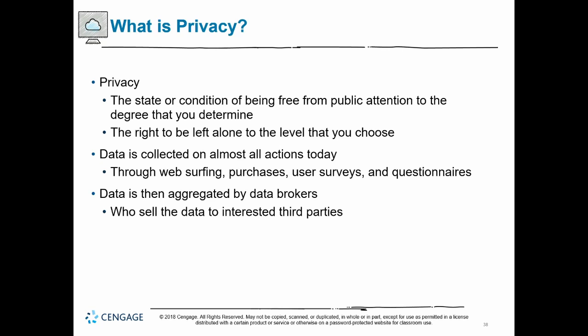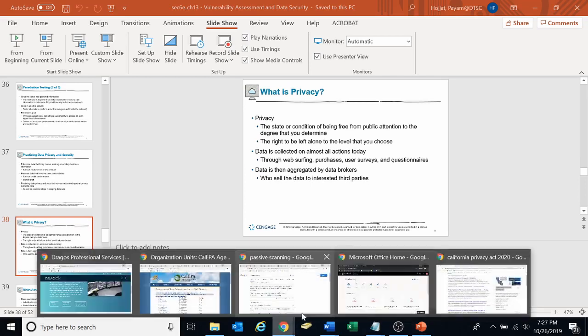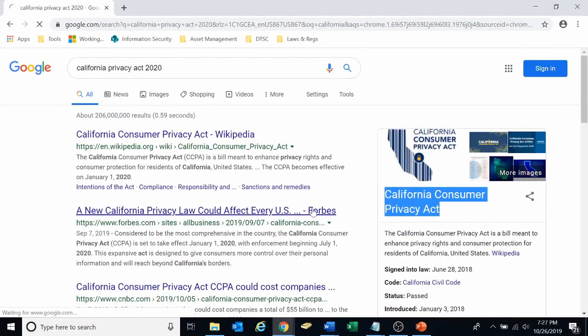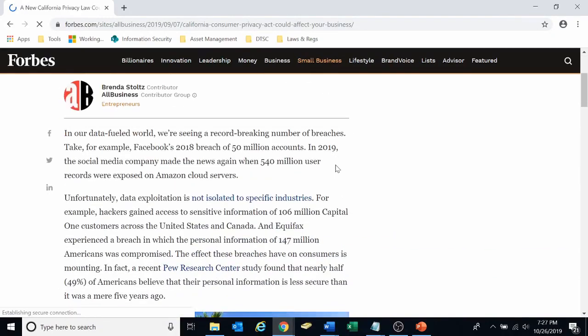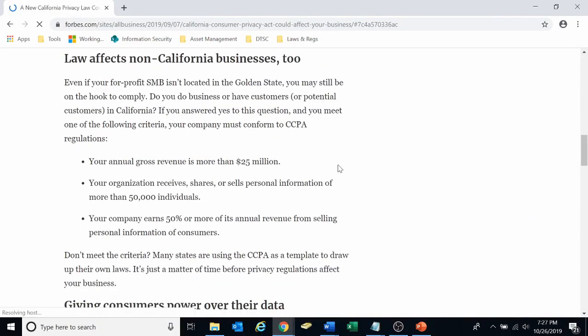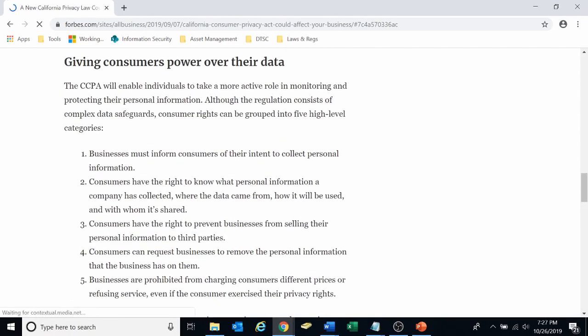Whether they're good or bad, whoever has money, they're selling your information to them. But California, this new Privacy Act, let me quickly read over it for you guys. Pretty much, it helps the consumers.